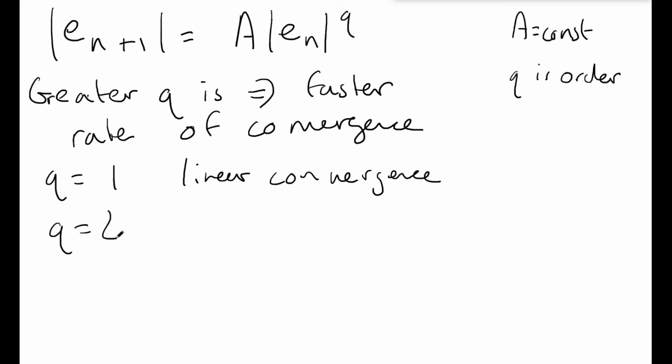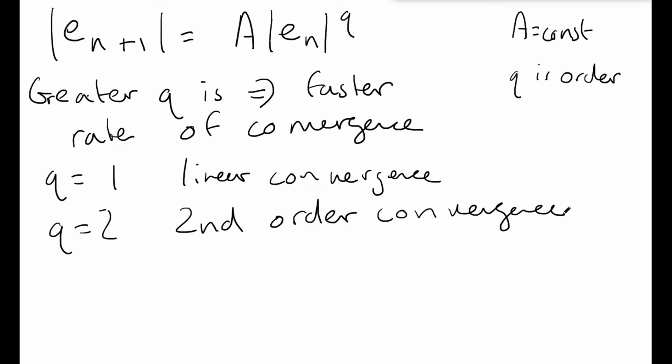Q equals 2 is second order or quadratic convergence. You get the idea. If it was cubed, it would converge even faster. This is a way of quantifying how quickly they converge, so rather than just saying this method is quicker than the other, we can analyze them and say how much quicker.